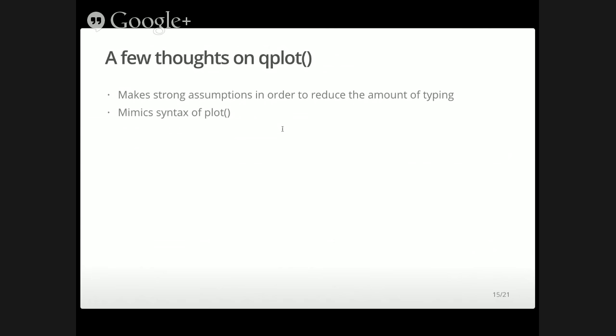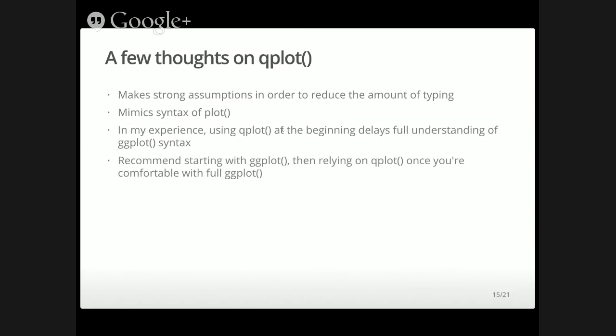Also it mimics the actual syntax of plot. So if you're used to working in base R graphics, Qplot can seem very alluring because it seems like you don't actually have to change much behavior to get all of the beautiful plots from ggplot 2. But I would just recommend starting with ggplot 2, the full specification, and then relying on Qplot once you're comfortable with all of the grammar and logic of ggplot 2. That's just my personal recommendation.